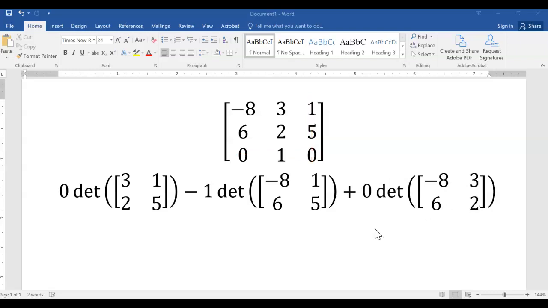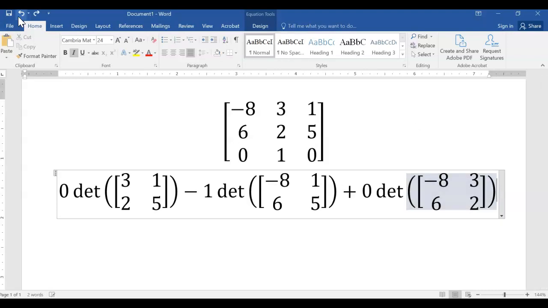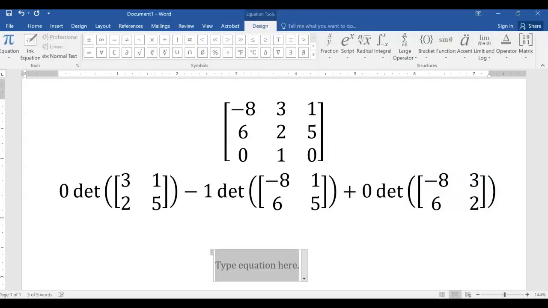Now, notice that this is really nice to deal with. In particular, this is nice to deal with because this first whole thing, 0 times the determinant, I really don't even need to know what the determinant of this is going to be, what is that, 15 minus 2, so 13.